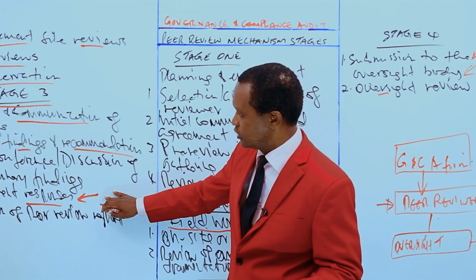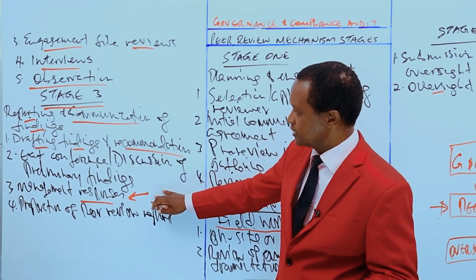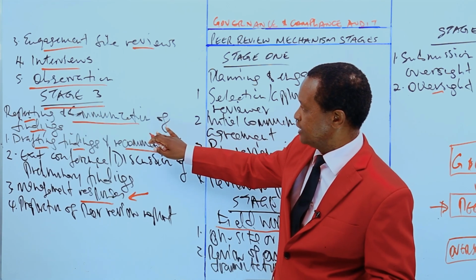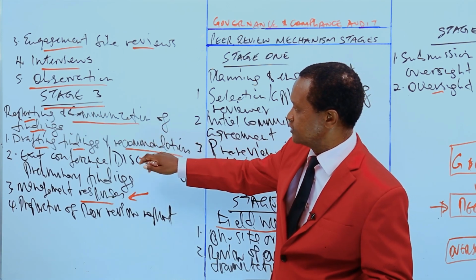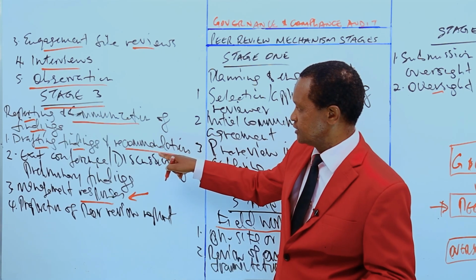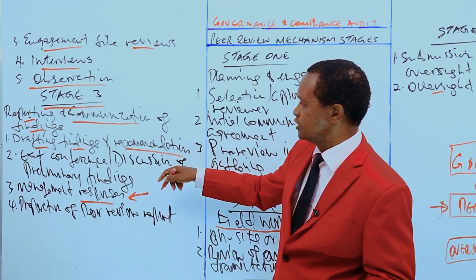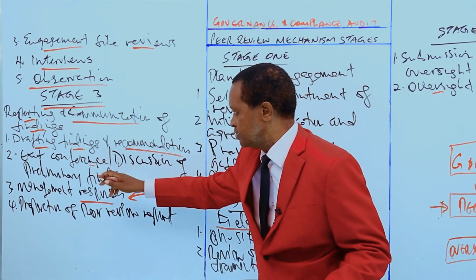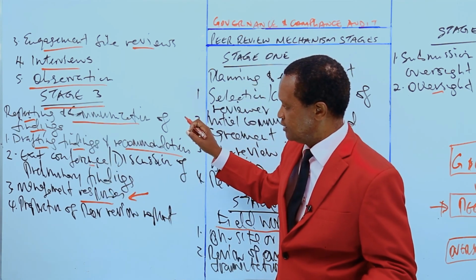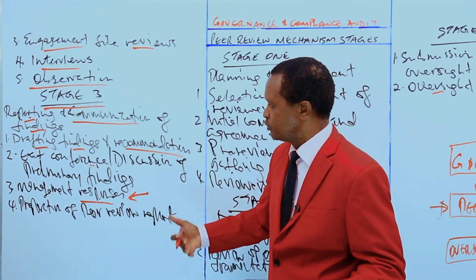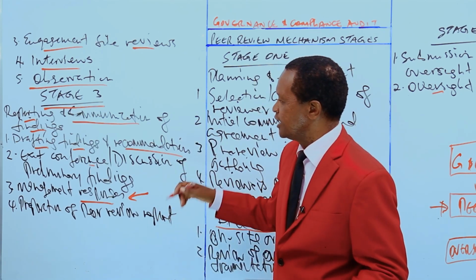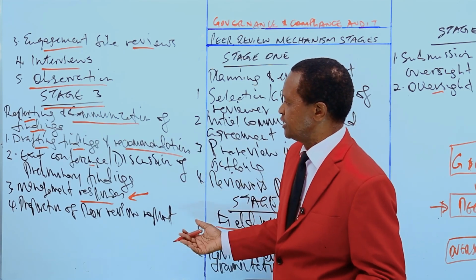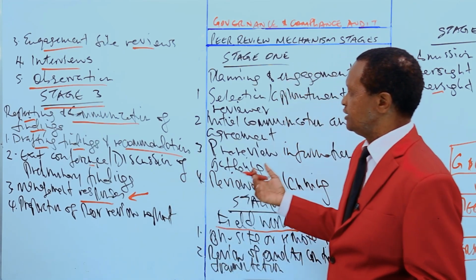At the third stage, you recall, we did mention that after conducting the peer review, the reviewer drafts initial findings, which are shared with the entity in a conference. And the reviewed entity is required to make responses, and the responses may include coming up with a corrective action to correct any deficiencies that may have been identified by the reviewer.